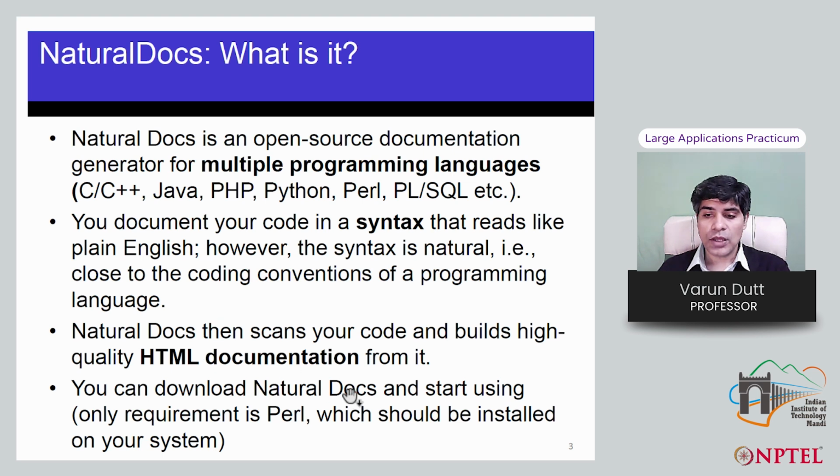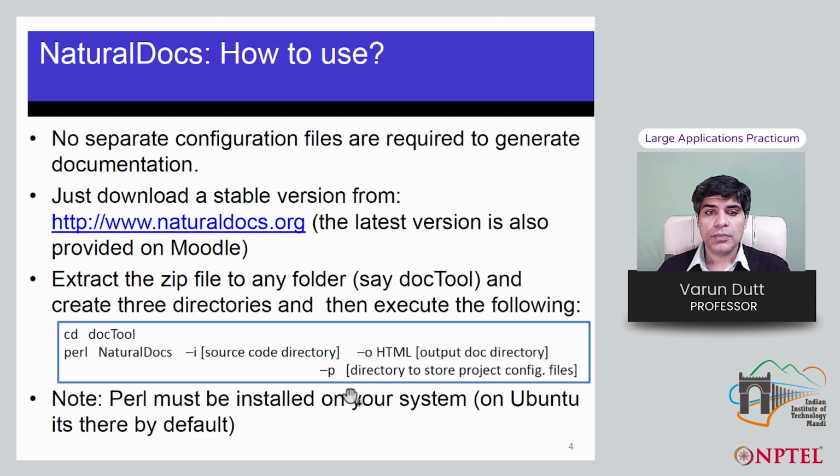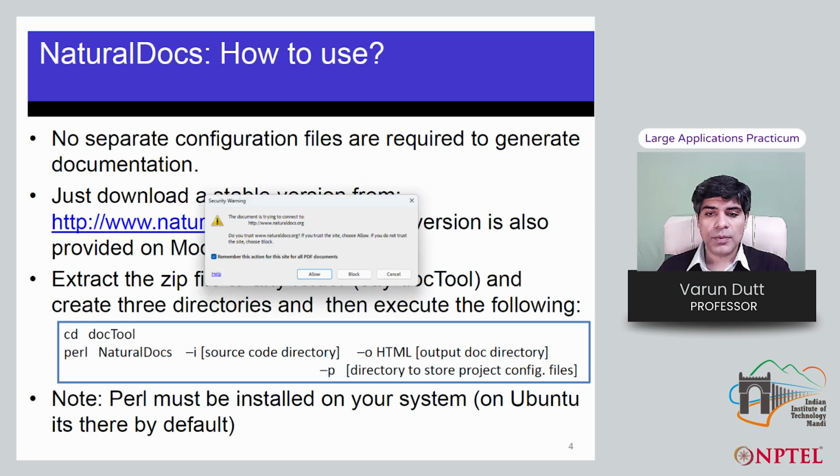You can download Natural Docs and start using it. In older versions, Perl was a requirement, but with Natural Docs 2.3, it is just double click, install, configure, and start using it. If you want to understand how to use Natural Docs, we need to go to the website where we want to install it.